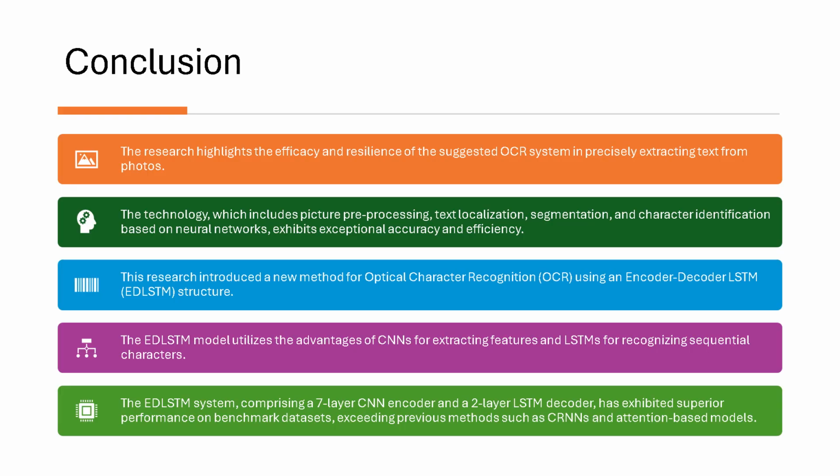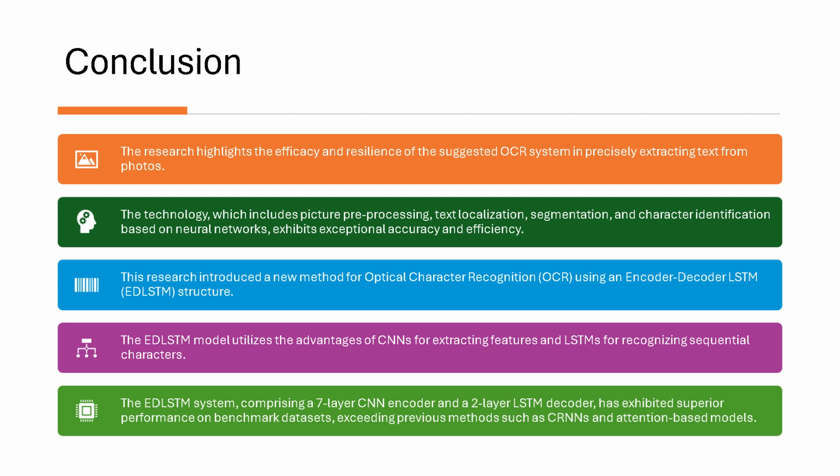I will now like to conclude. The research highlights the efficacy and resilience of the suggested OCR system in precisely extracting text from photos. The technology which we have proposed includes pre-processing, text localization, segmentation, and neural network-based character identification, and exhibits exceptional accuracy and efficiency.